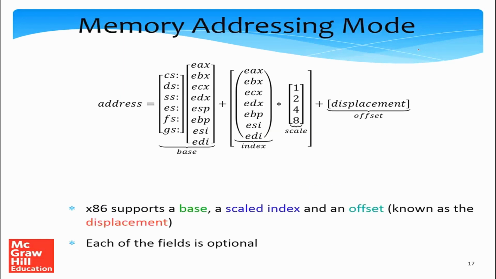Alright, so x86 addressing modes, given the fact that it's a CISC instruction set, are also somewhat complicated. So it is very important for us to get a general idea of what the addressing mode looks like before we move forward.